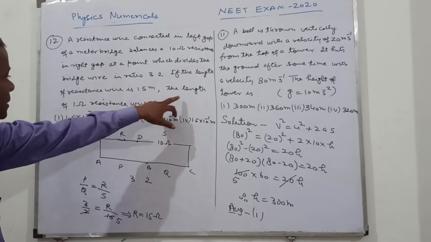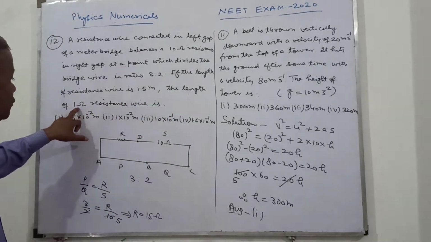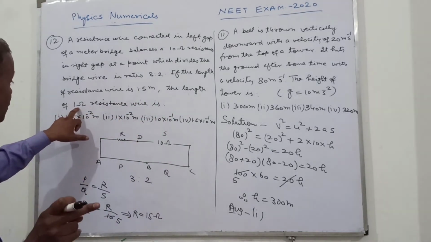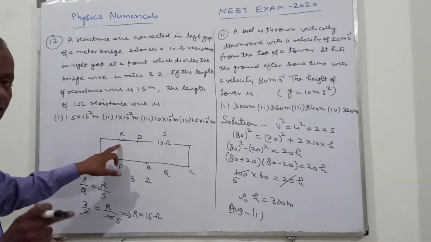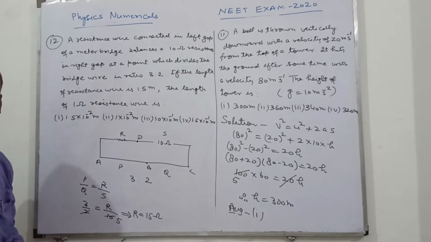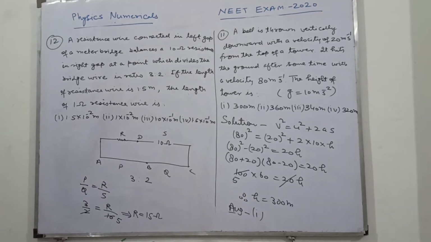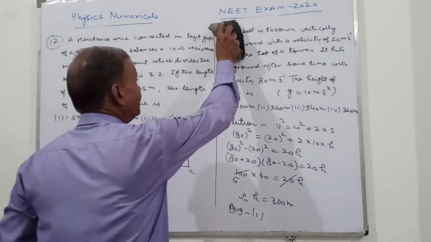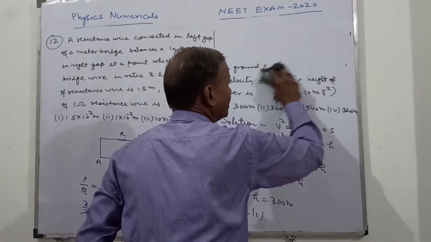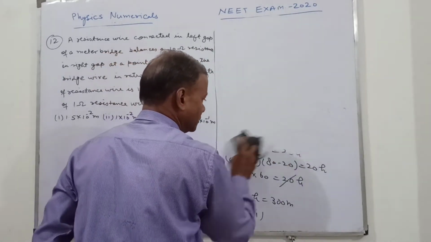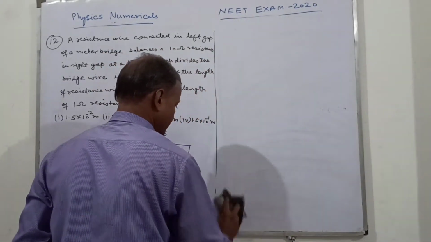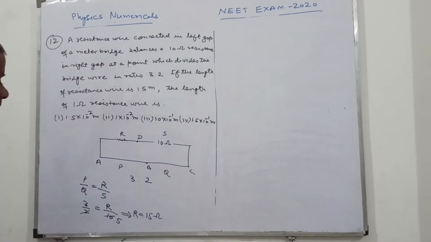This means that the initial value of this resistance is 15 ohm and the length is 1.5. Now if the resistance is 1 ohm, then what will be the length of this wire? So now we will apply the formula that the resistance depends upon the length of the wire. So what do we do here?